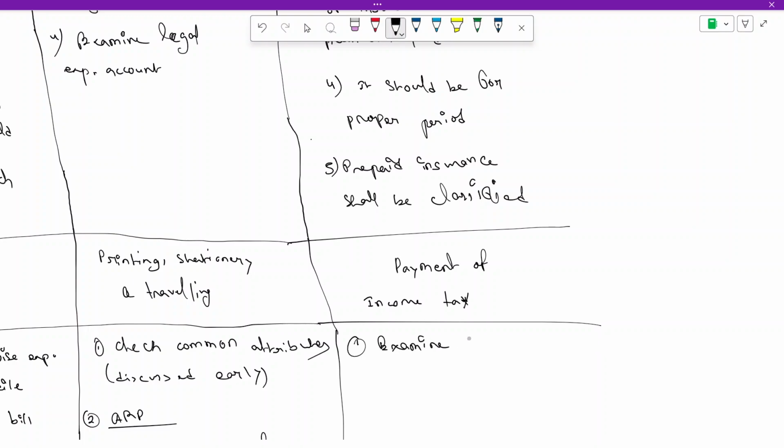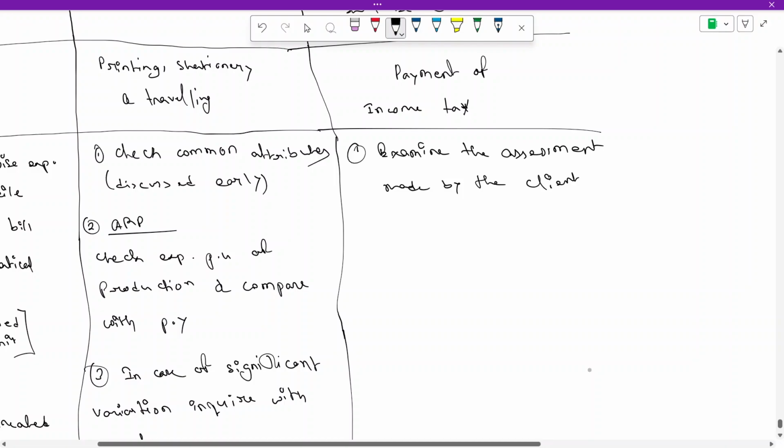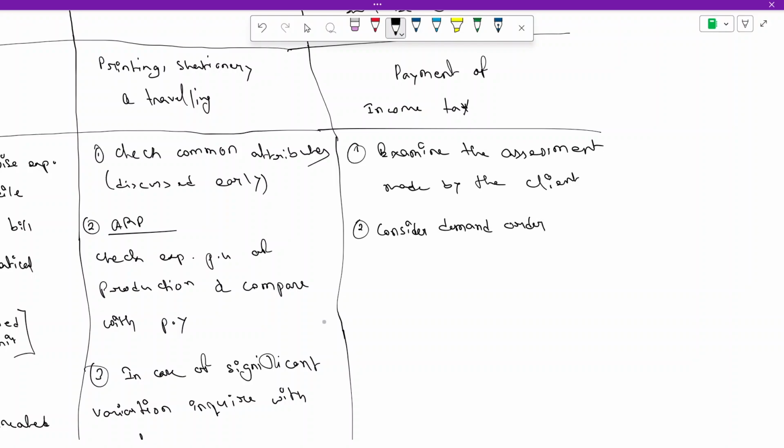Consider the demand order from the assessing officer.